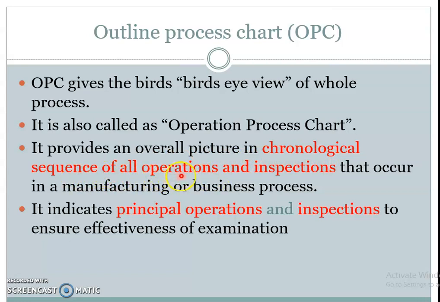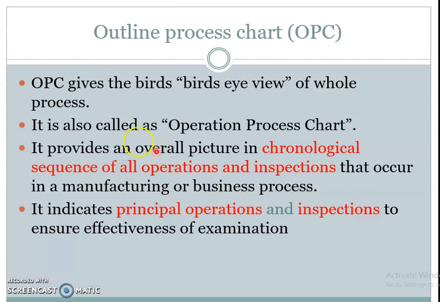So it shows only operations and inspections that occur in a manufacturing or a business process. It indicates only major operations and inspections. Only two symbols we have to use on these charts to ensure the effectiveness of the examination.